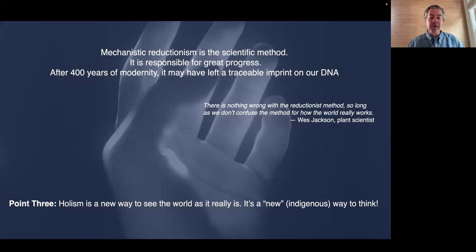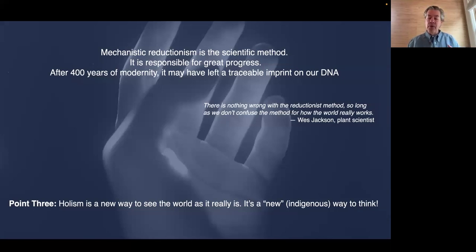We're going to talk about the difference between reductionism as a scientific method and a holistic way of seeing the world. And so this is really the third key point here, that holism is a new way to see the world as it really is, but it's actually remembering what we've always known, because holistic thinking is very much the indigenous way of seeing the world.